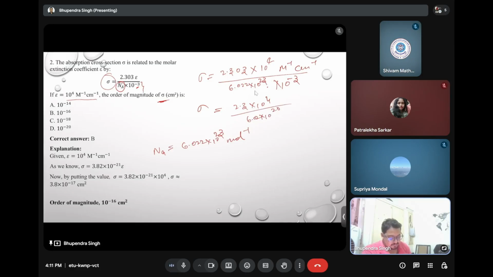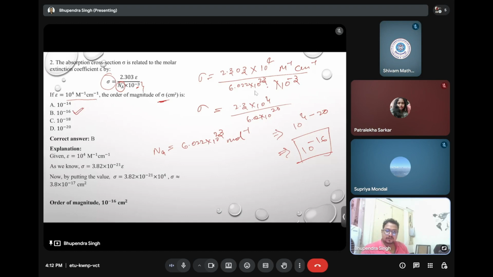Now this 20 will go up, 10^4 minus this, it will be 10^-16. So the answer is B.